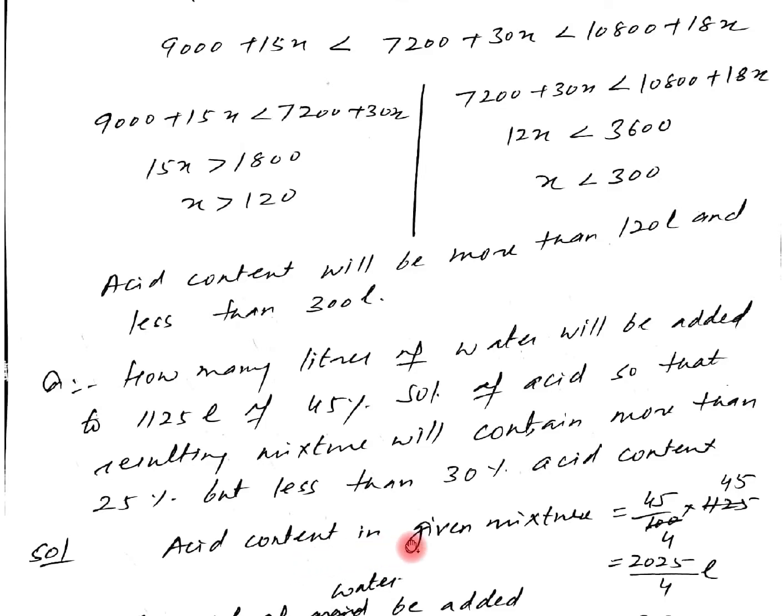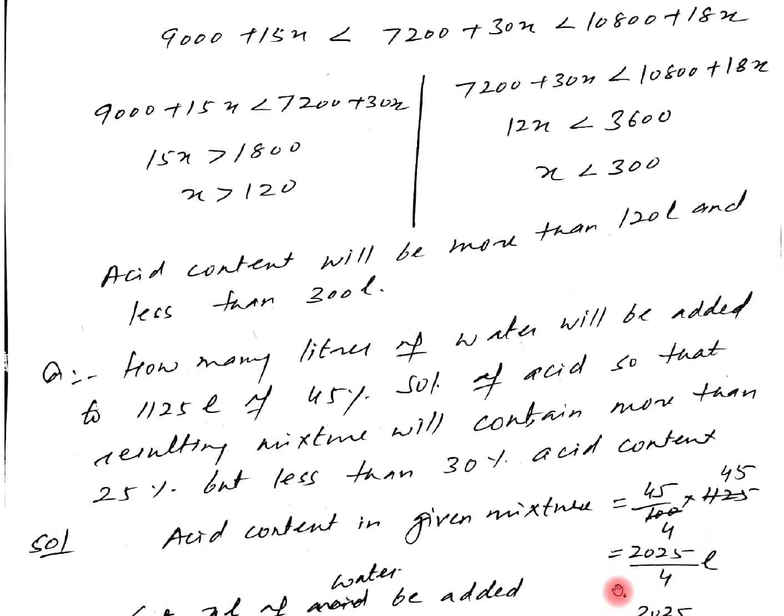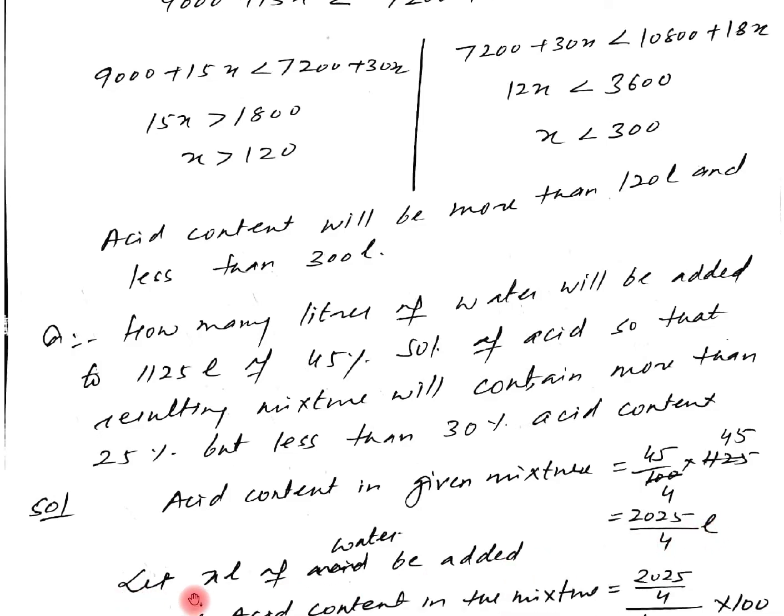Therefore acid content in the given mixture is equal to 45 by 100 into 1125. Simplifying we are getting acid in the mixture is 2025 by 4 liter. Now suppose x liter of water be added, because it is mentioned in the question we have to add water in the given mixture so that its concentration is reducing.